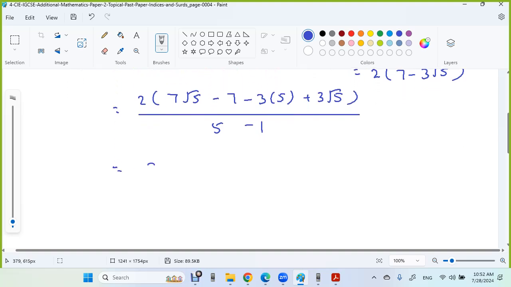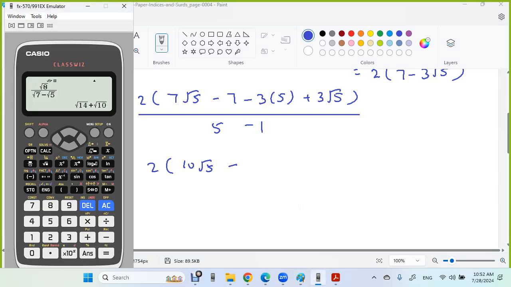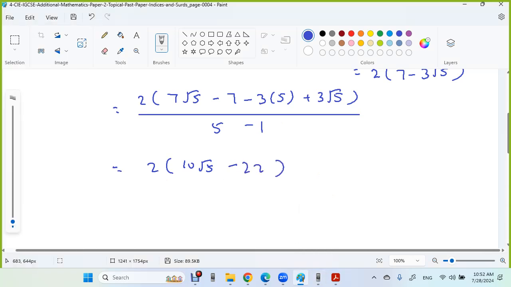So we have the 2 and then 10 square root 5 minus, so we have the 7 plus 15 is 22, over 4. So 10 divided by 2 is 5 minus 11. 5 square root 5 minus 11.